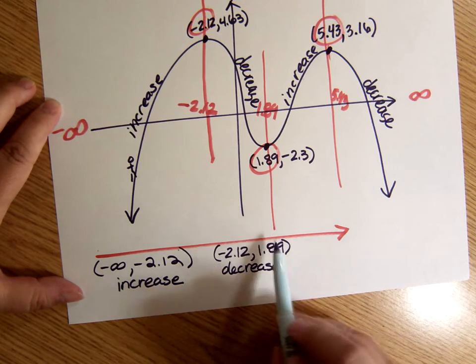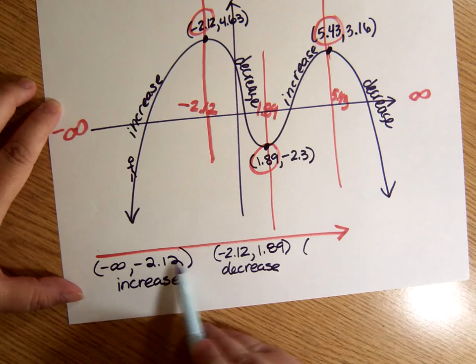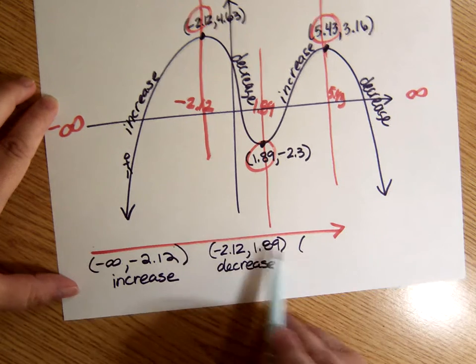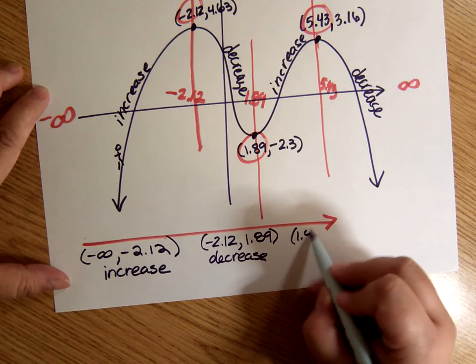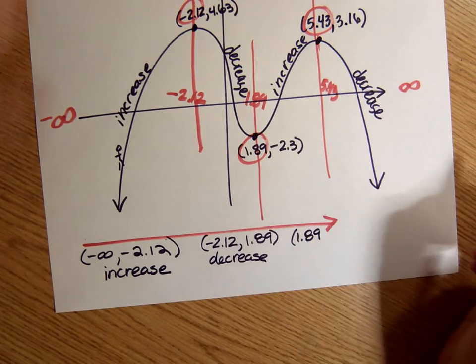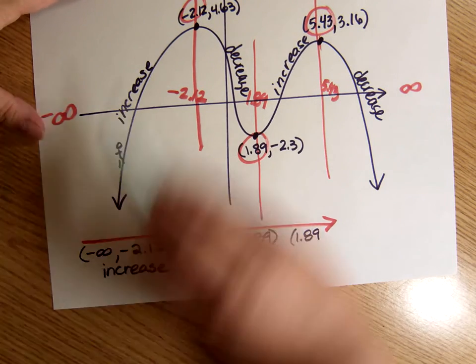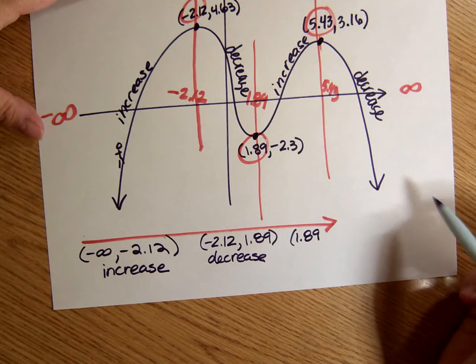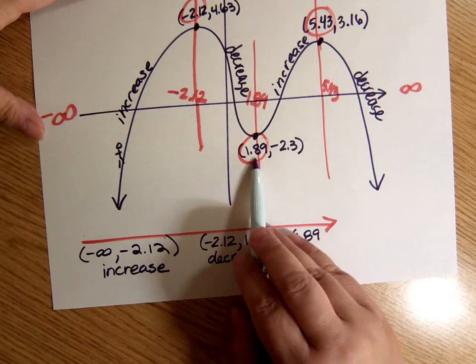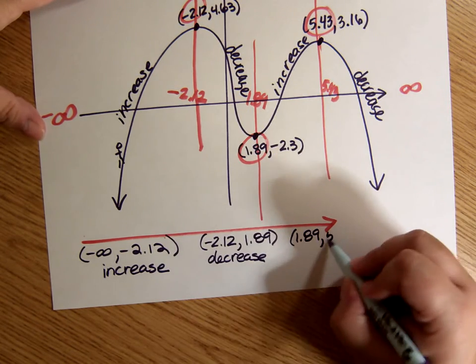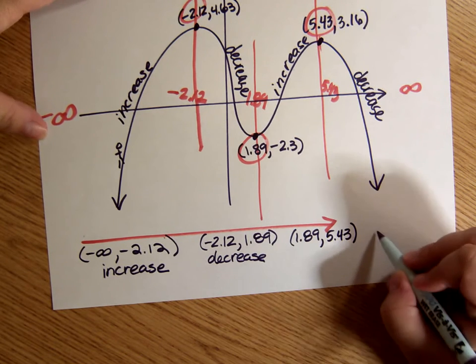From 1.89, and notice these all match up. These two come together. These two come together. Now, they don't always have to. You could have a graph that's non-continuous, where maybe it jumps or something. But if it's continuous, if you can draw the whole thing without picking your pen up, then all of your intervals will join up. So this is from 1.89 to 5.43, and finally from 5.43 to infinity.